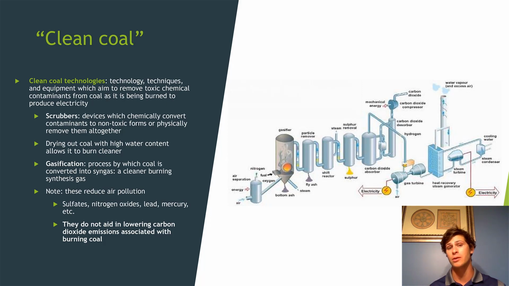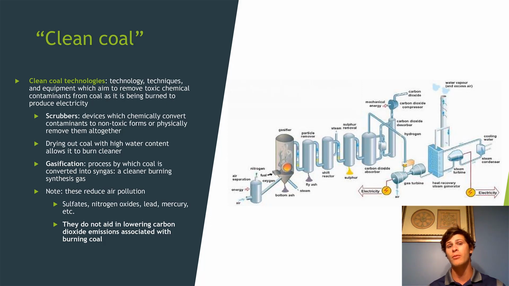The most common are termed scrubbers, and we went over scrubbers when we were talking a little bit about air pollution. Basically, scrubbers are devices which chemically convert the contaminants emitted by coal into non-toxic forms or simply physically remove the substances from the byproducts of coal so that when we emit exhaust, the exhaust no longer contains those toxic substances.